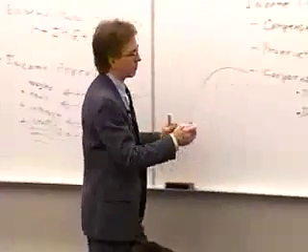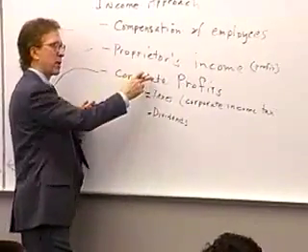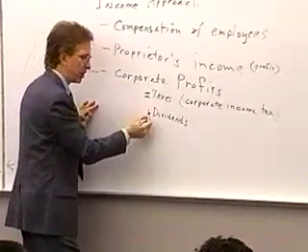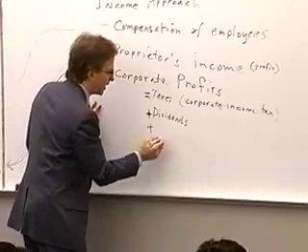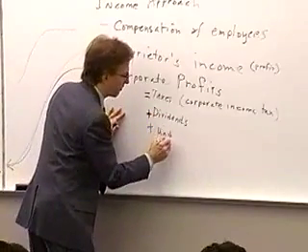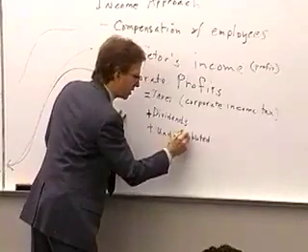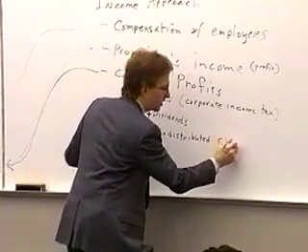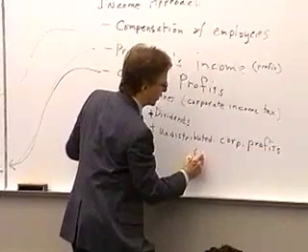Let me not just put these little bullets out here, but let me do this as a formula. Corporate profits equals taxes plus dividends, plus there's one other place these can go. They can be undistributed corporate profits. These things are also called retained earnings.